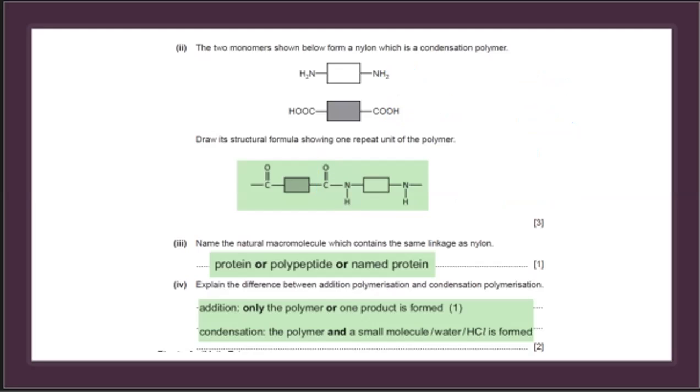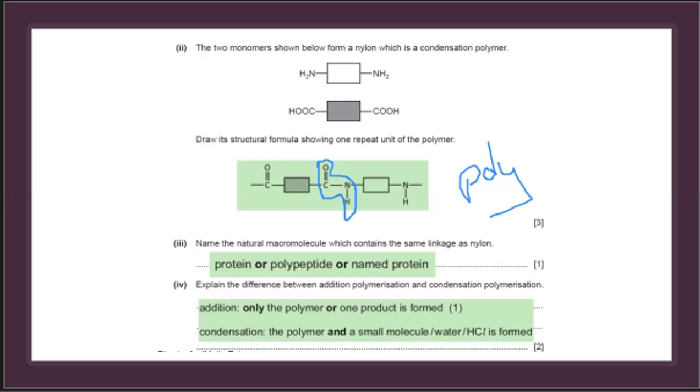So they tell you, name the natural macromolecule which contains the same linkage as nylon. This peptide is found in proteins, and if this peptide unit is repeated, it becomes a polypeptide. Polypeptides link amino acids together. So amino acids together form a peptide chain.